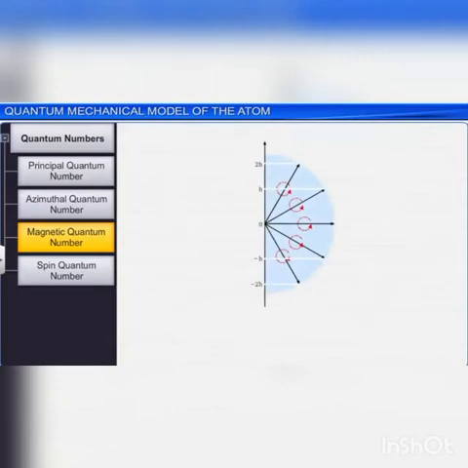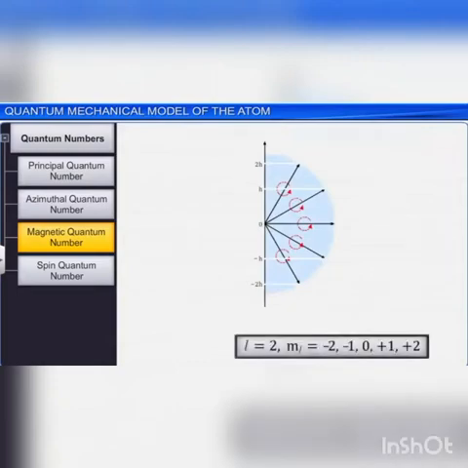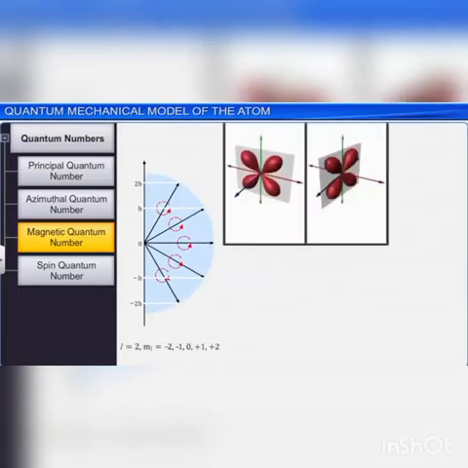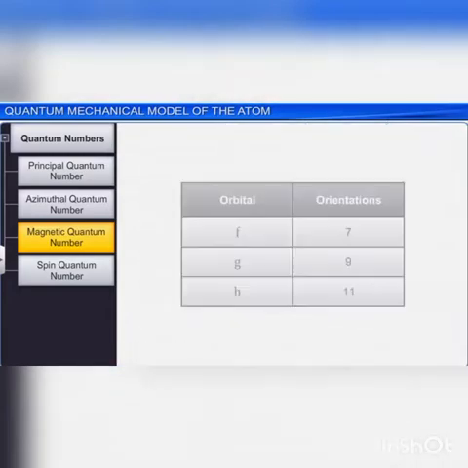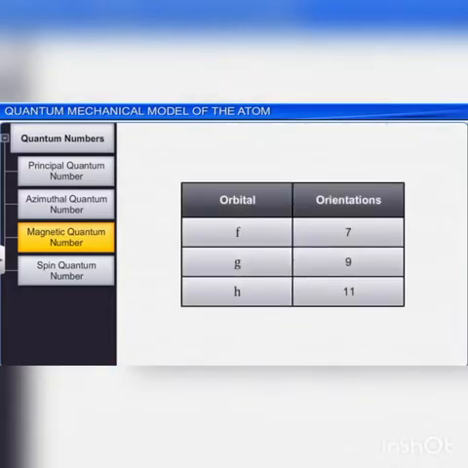Similarly, for L equal to 2, the d subshell has 5 preferred orientations and hence 5 orbitals. Using the same calculation, f, g and h subshells can have 7, 9 and 11 orbitals each.